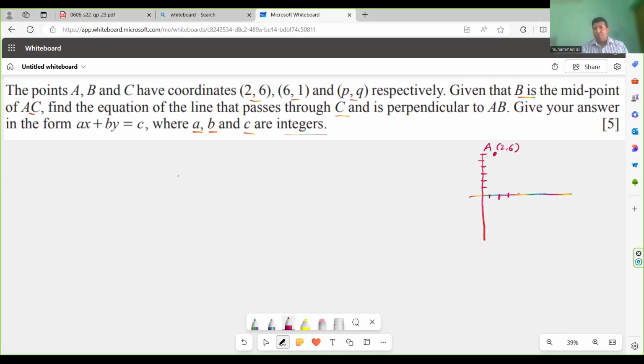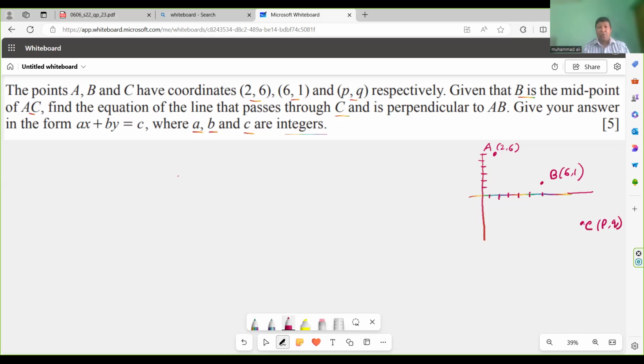Here will be B. Since B is the midpoint of AC, obviously C will be approximately over there. So this is C, (p, q).